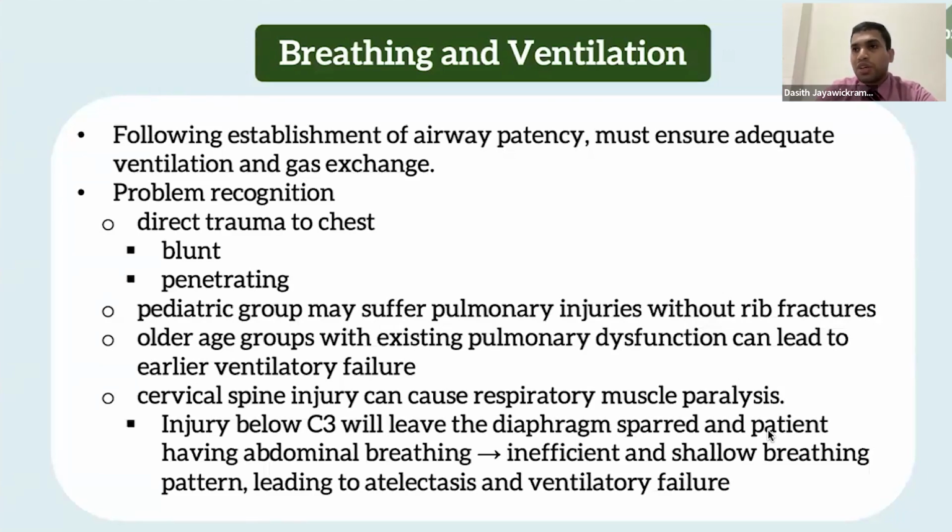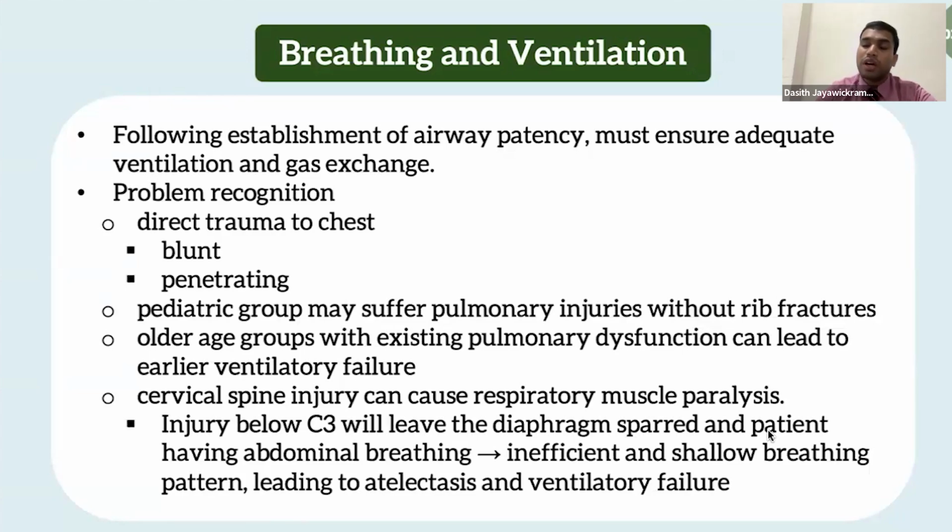Then there are older age groups with already existing pulmonary dysfunction, for example, patients with COPD, tuberculosis, basal atelectasis, or lung mets. Imagine they come with thoracic trauma and pulmonary injury. Their reserves are already low, so their ability to tolerate an injury is low, and they will deteriorate faster.